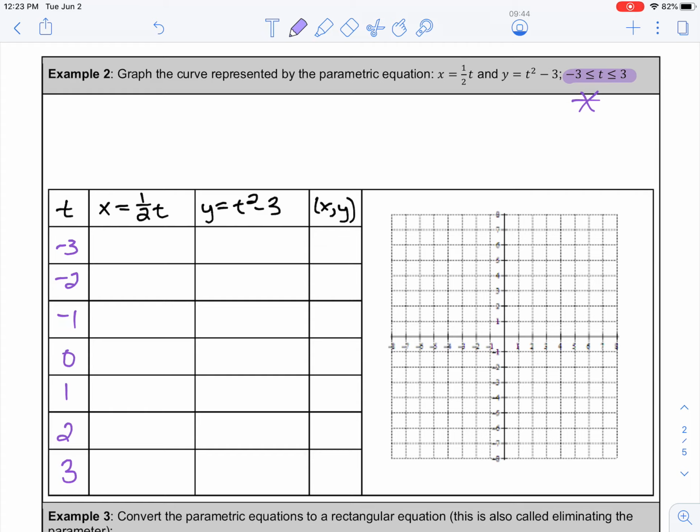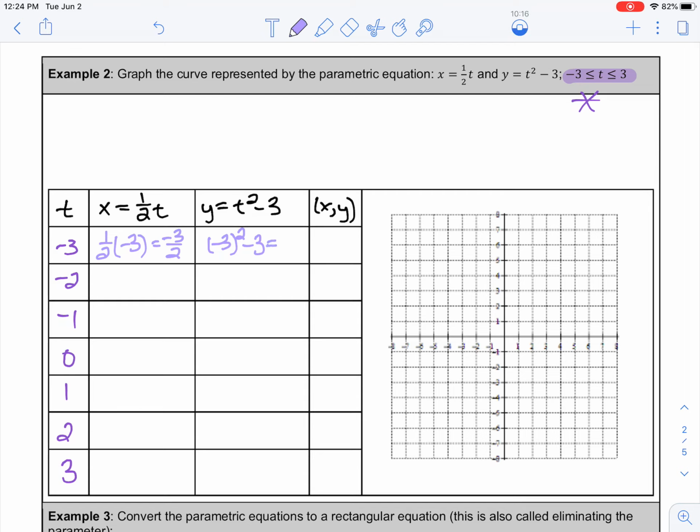Okay, so just like before, we will plug these t values into each of our equations. Here in the second column, second row, we're going to take 1/2, and instead of multiplying it by t, we're going to multiply by -3. This will give us the value of -3/2. In the next column, we're going to plug that t value of -3 into our y of t equation. So we'll take -3, square that value, and then subtract 3.